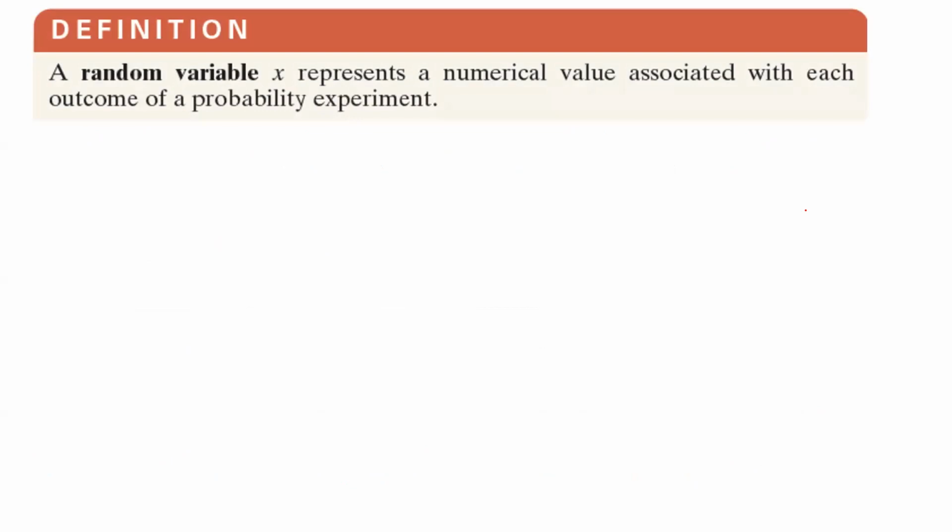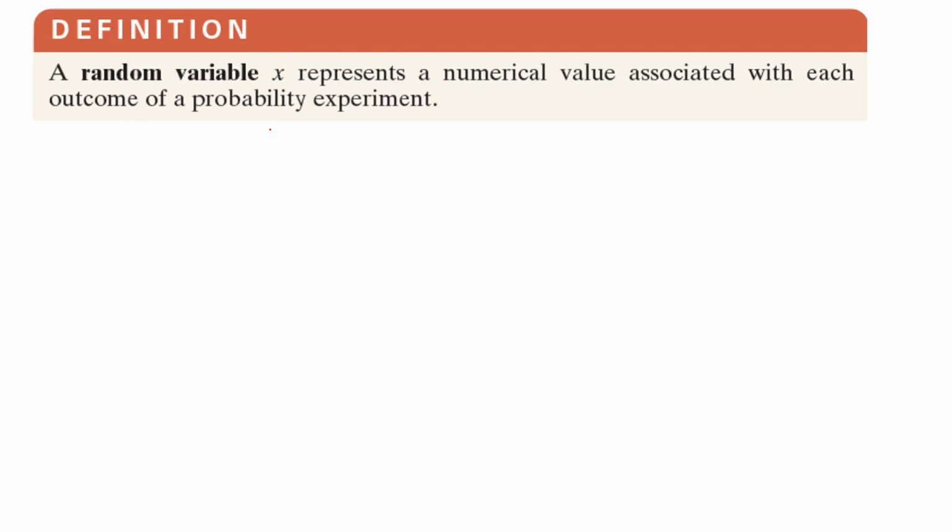Very good. Now that we introduced the probability, what is a random variable? A random variable that we denote by x represents a numerical value that is associated with each outcome of a probability experiment.